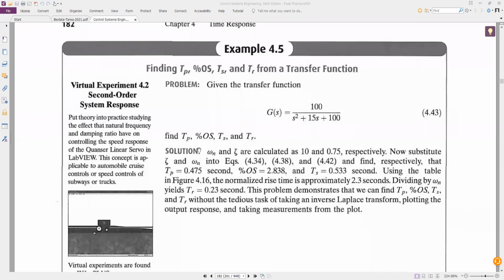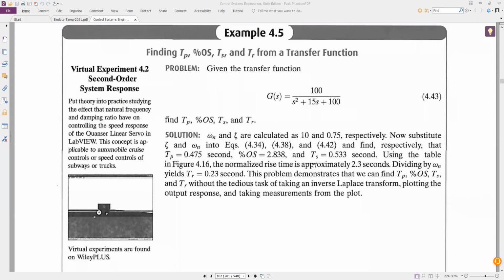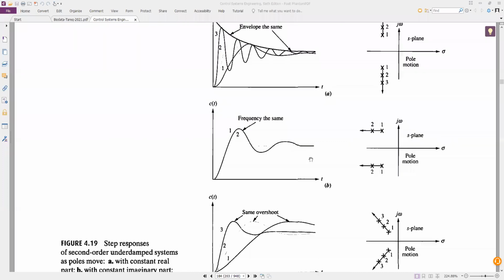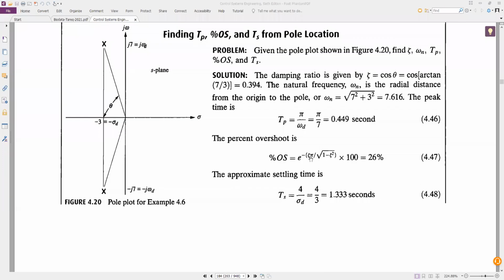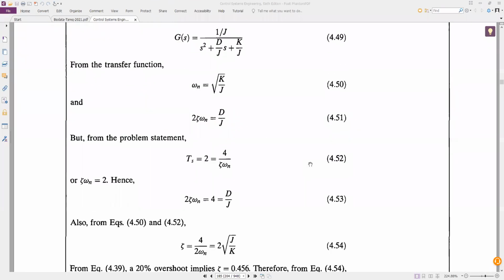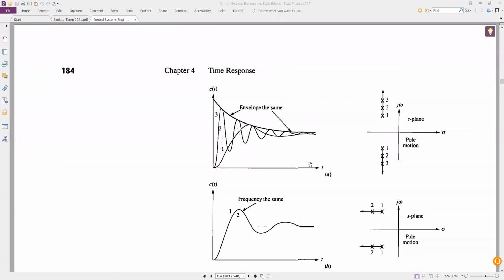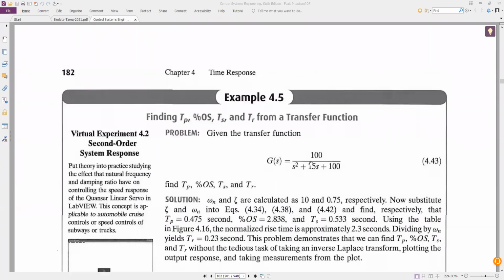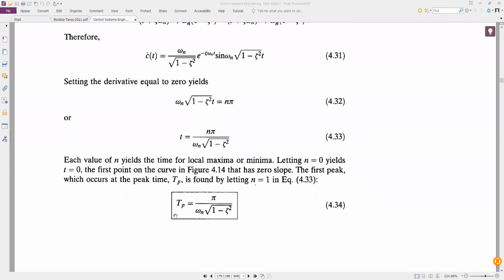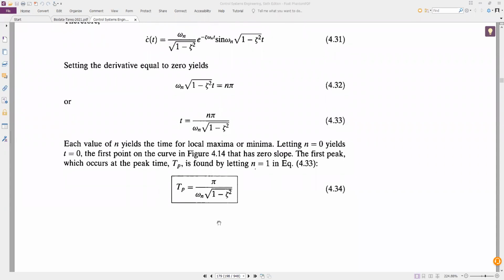So understand this problem, you just need the formula to calculate. Okay, so I think that is the end of this chapter. How do you find the Tp? Yes, Tp has a formula, this one. Now calculate this.